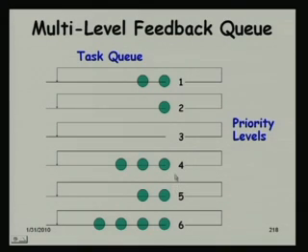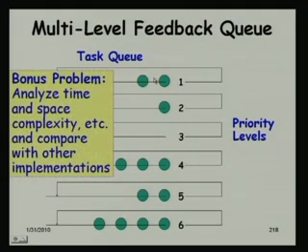So, please submit your answer on the analysis of the implementation. If there is a good answer, we will give some bonus marks for it. That is, analyze the time and space complexity for the multi-level feedback queue and compare with the other implementations.